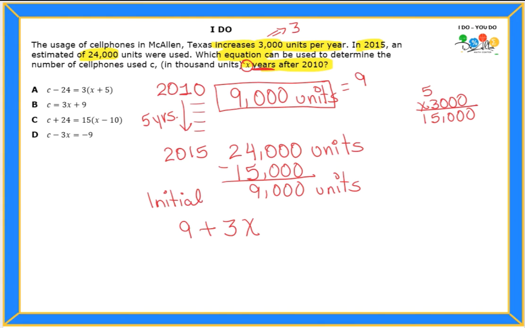This is true for how many cell phones are being used after the year 2010, and this equals my C, because C is the usage of the cell phones after 2010. So I can see my equation already here. And I hope that you see the connection for that and letter B.